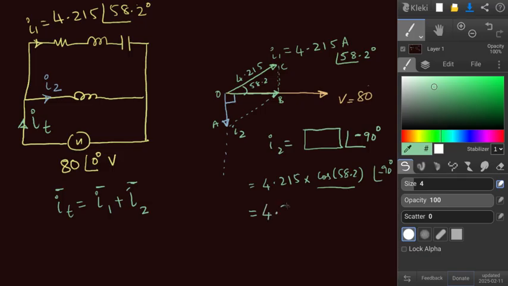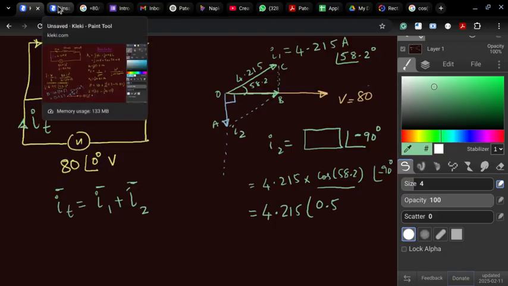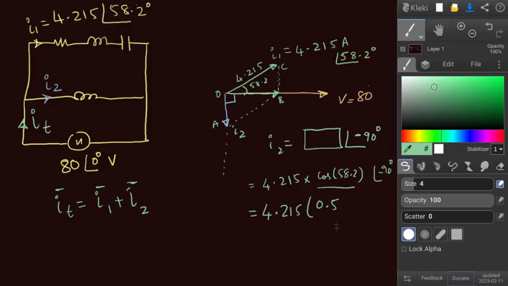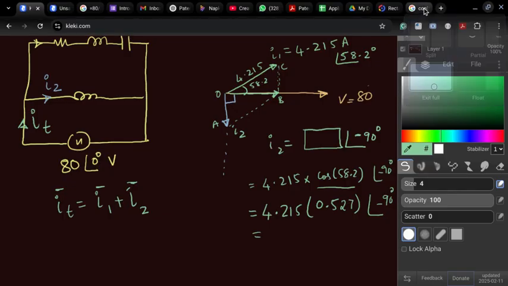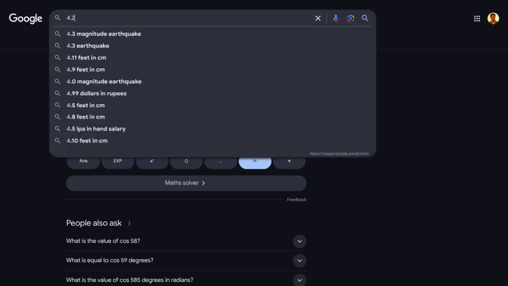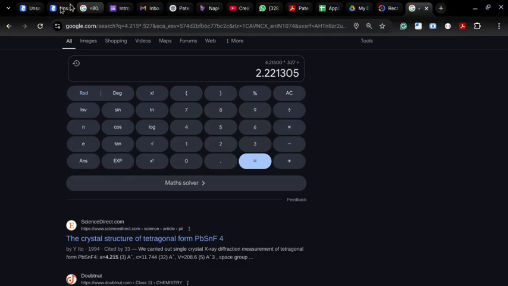Can anybody remind me what the power factor was before? 0.527. So 4.215 into 0.527 is 2.2213.